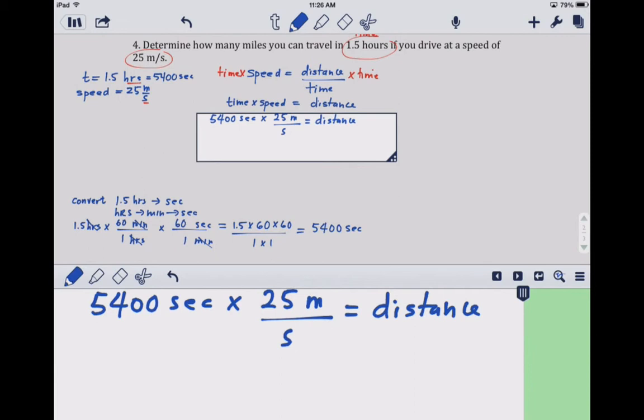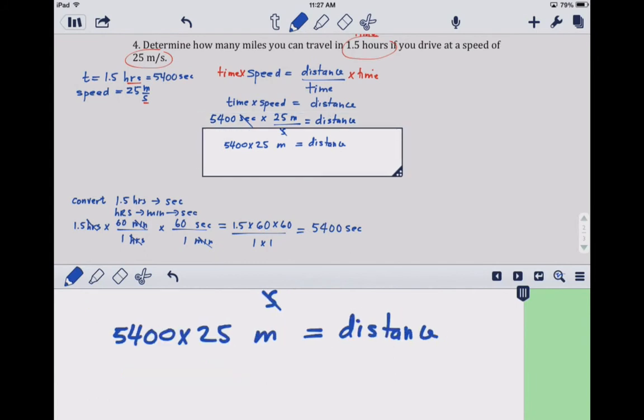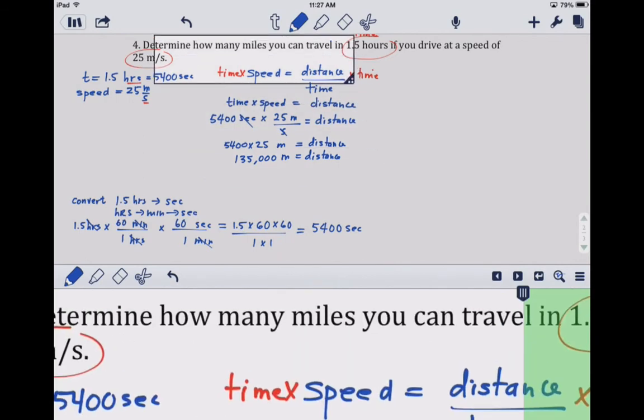What this means, you'll notice these units cancel out, seconds go away, and I'm left with 5,400 times 25, and the unit is meters. 5,400 times 25 is 135,000 meters. We're not done though, because this particular problem asked us to find the final answer in miles.